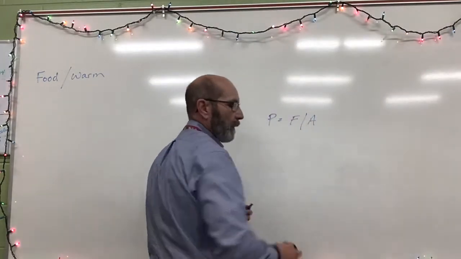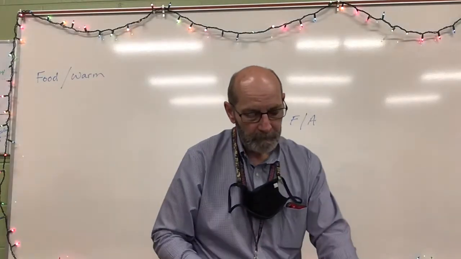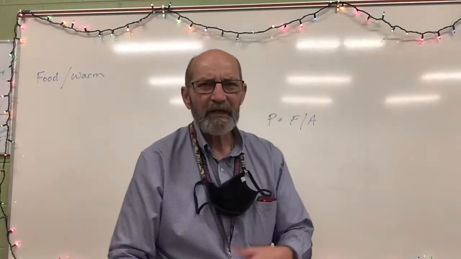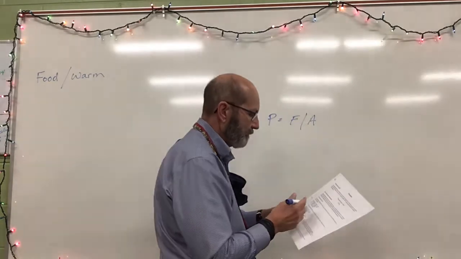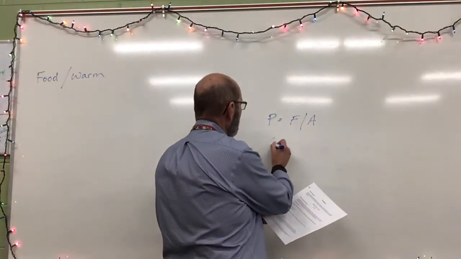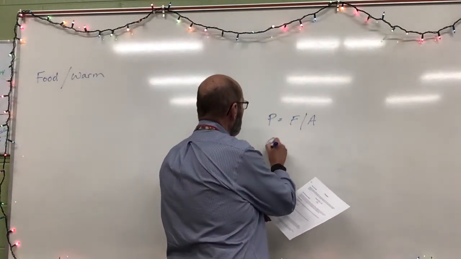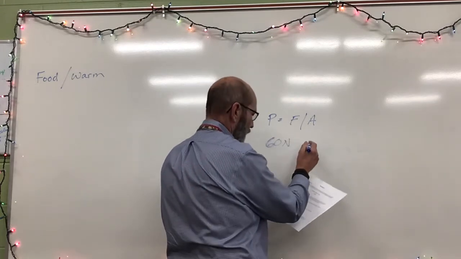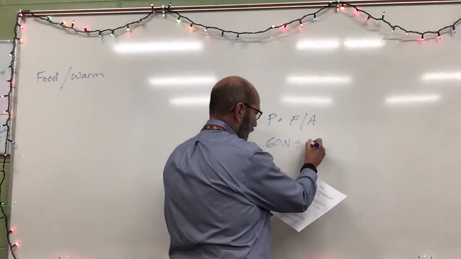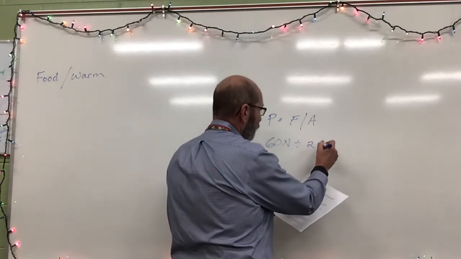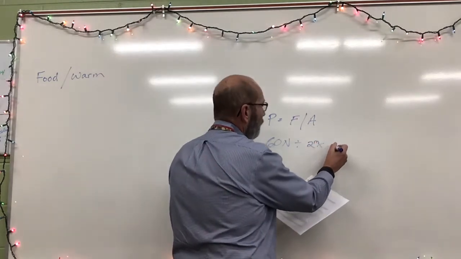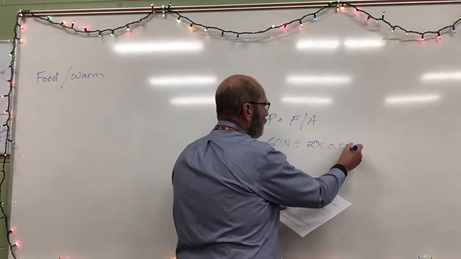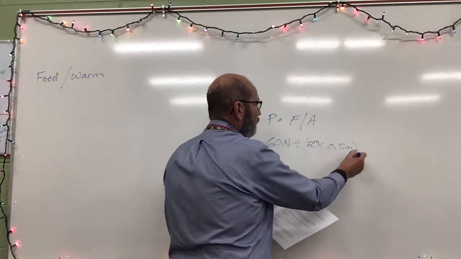We'll just work the other one there also, because it is a little bit different, but not by much. You've got 60 newtons divided by 2 times 2 meters times 0.5 meters. And again, you just multiply this.